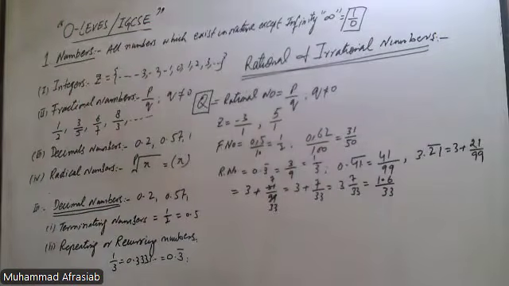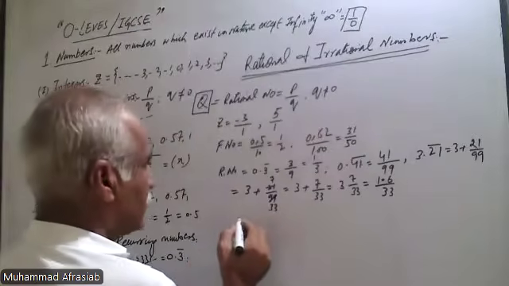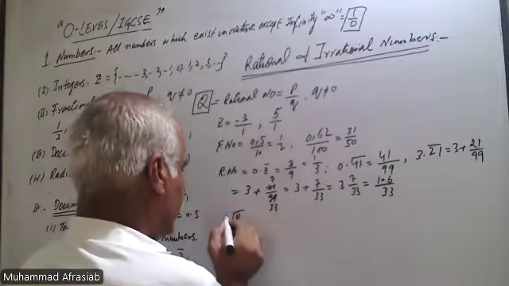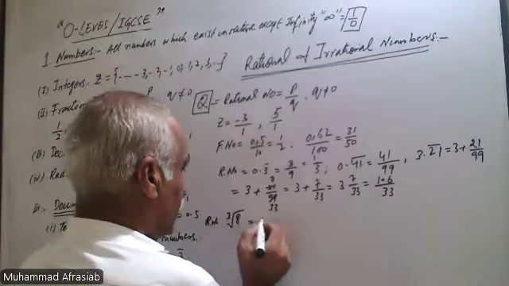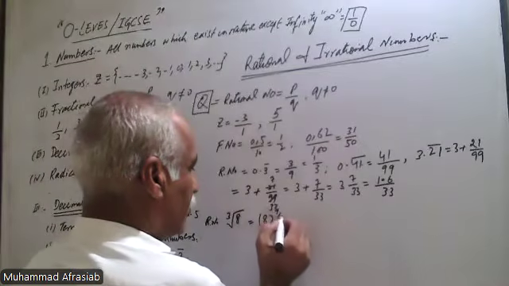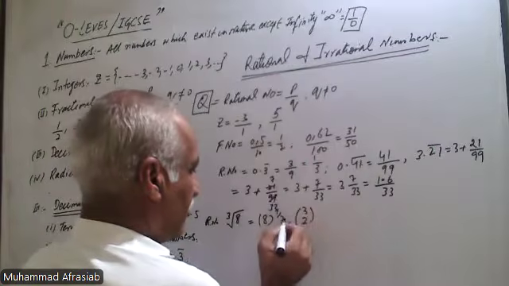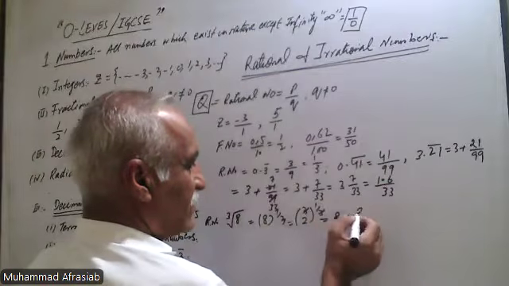Then we talk about the radical numbers. Suppose it is the cube root of 8, which is basically equal to 8 power 1 by 3, or 2 power 3 power 1 by 3, which equals 2, written as 2 over 1.